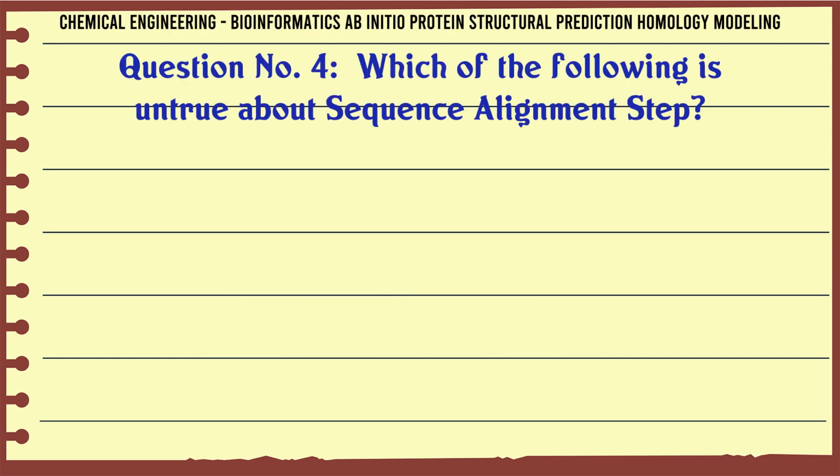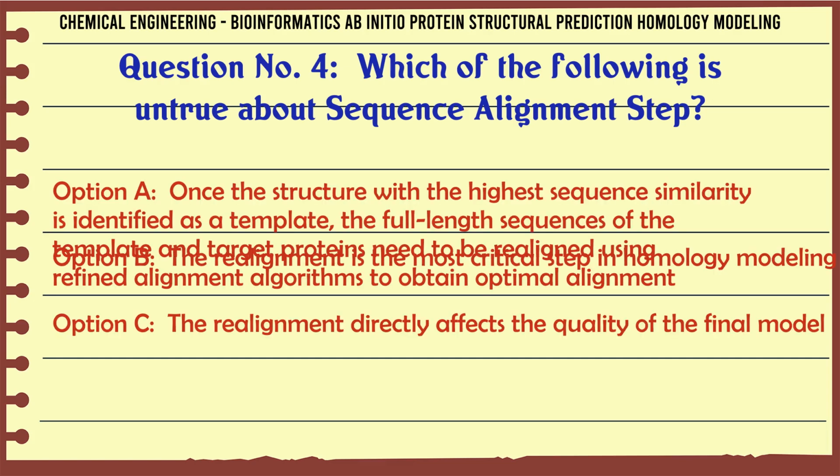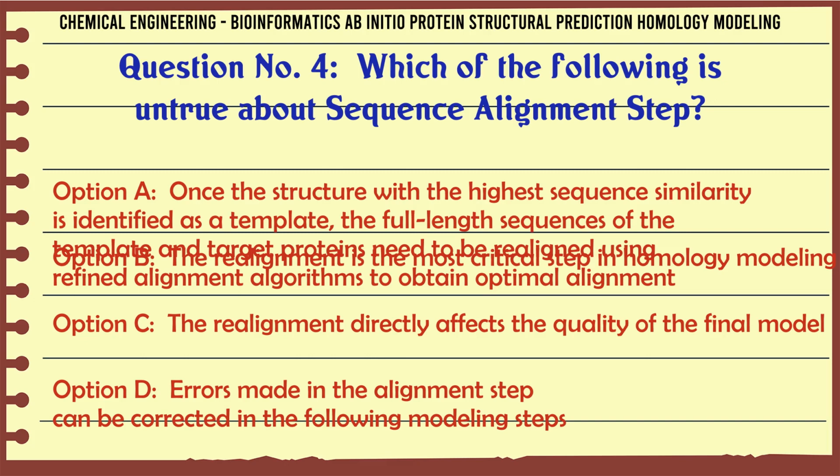Which of the following is untrue about sequence alignment step? A. Once the structure with the highest sequence similarity is identified as a template, the full-length sequences of the template and target proteins need to be realigned using refined alignment algorithms to obtain optimal alignment.